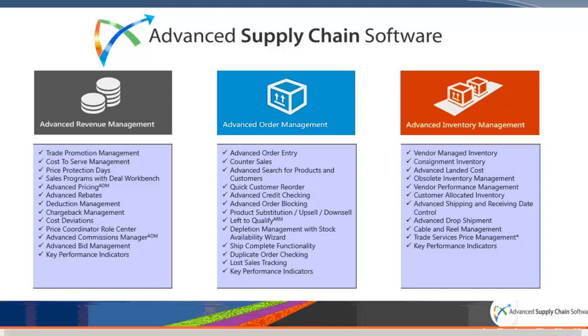And around inventory management, we've extended the system. We've added true vendor managed inventory and true consignment inventory. We've extended dropship, obsolete product management, and a number of other areas around inventory.